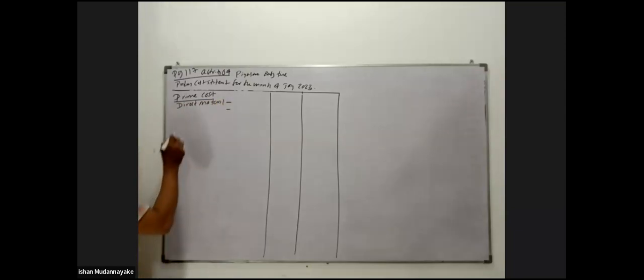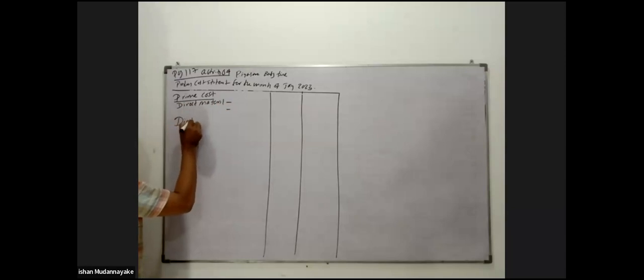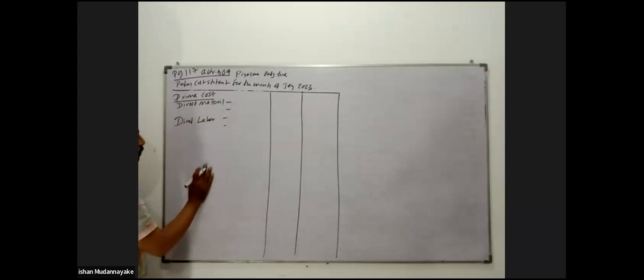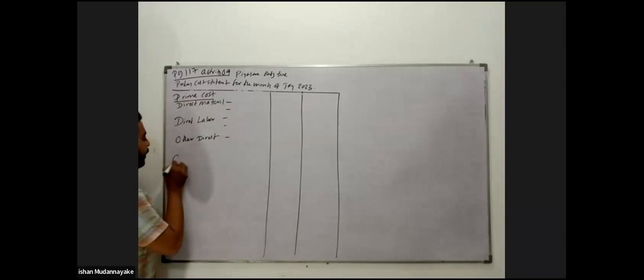Leave 2 lines and then direct labor. At least leave 2 lines and then other direct. And then here overhead cost.